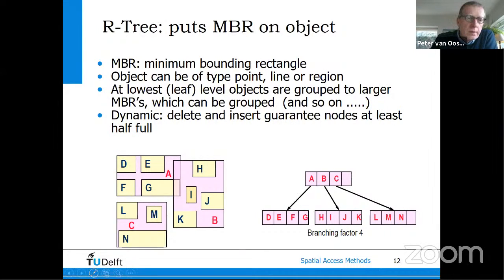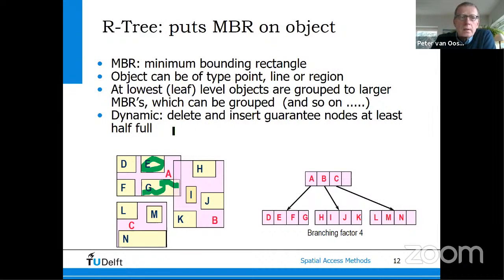And actually, the real objects may have different geometries in them. So G could be a line like this, or E could be a polygon like this. You don't know. It does not matter for the R-tree index.